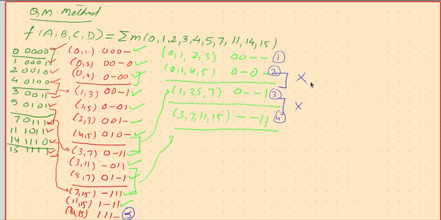Right? So what does it say? It says that the function looks like a bar b bar, then this is a bar c bar, then this is a bar d, and then this is cd, and finally this is abc.